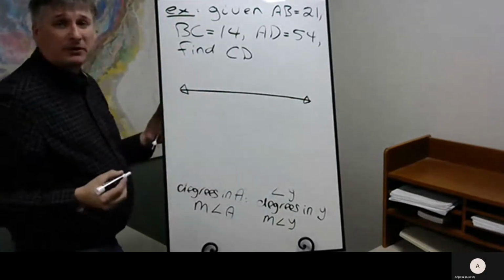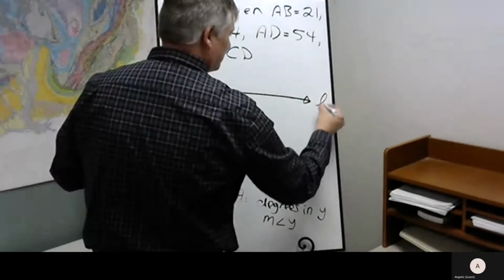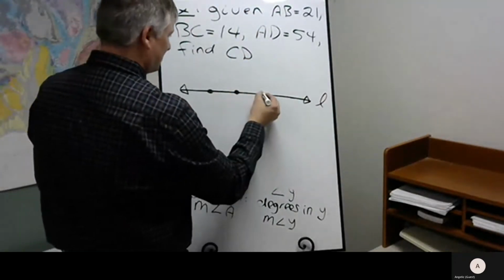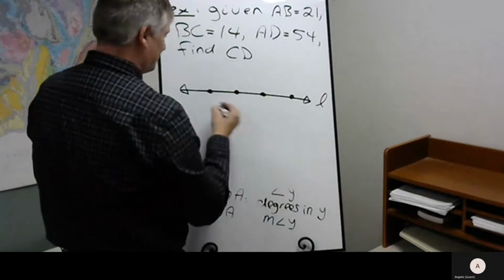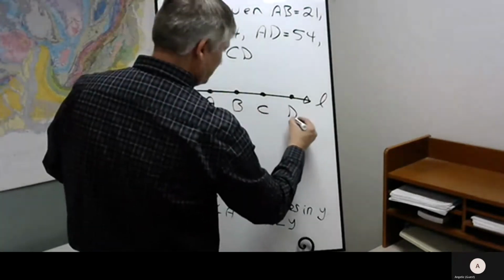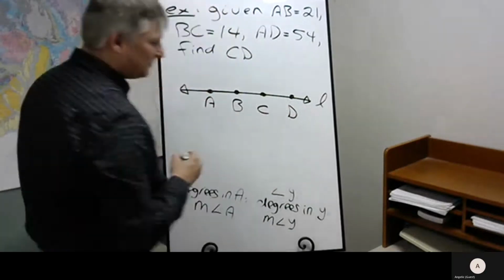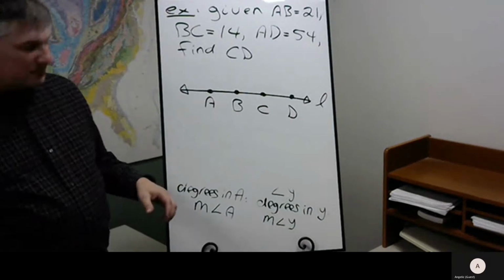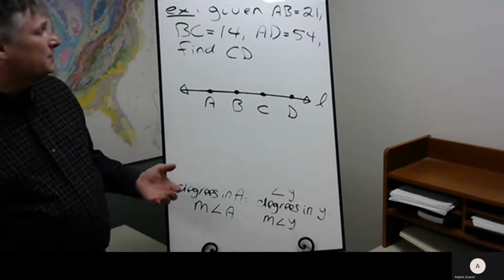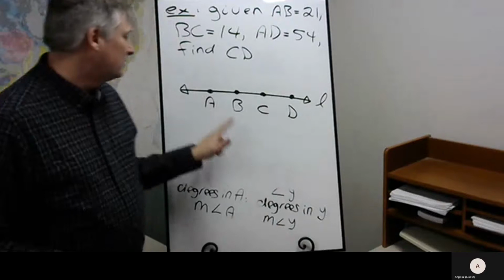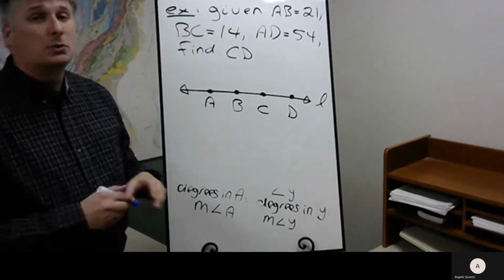All right. So let me do a problem here. I'm going to need to draw a picture. So for this example, we're going to have a line. What we've been told, and this is the notation we use for this type of problem, the distance from A to B, here to here, is going to be 21.